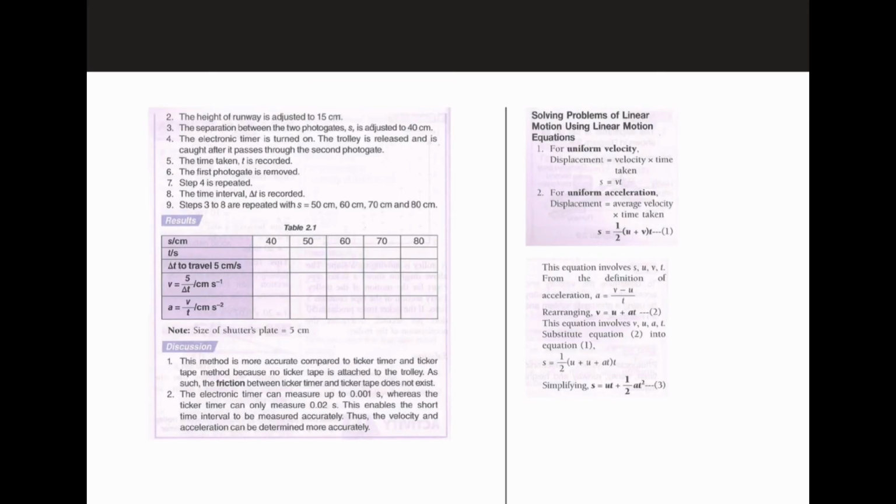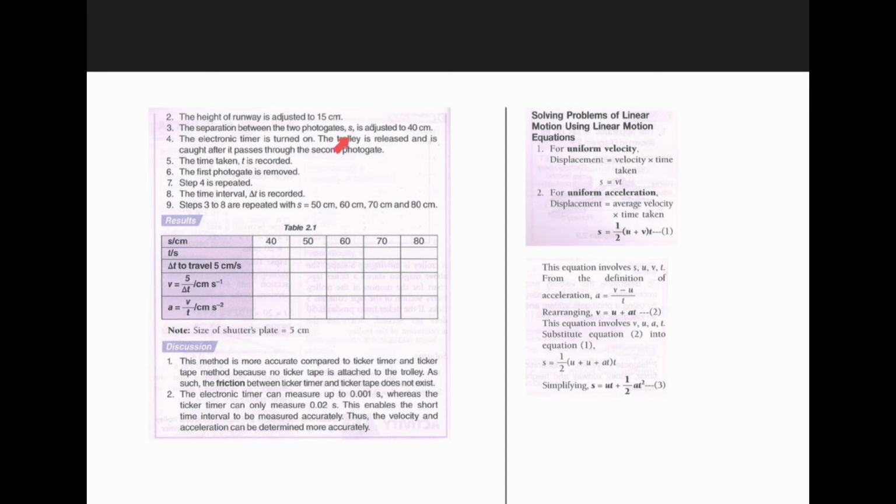Now let us continue. Number 2, the height of runway is adjusted to 15 cm. Okay, then the separation between the two photo gates S is adjusted to 40 cm. So remember, the separation between the two photo gate is basically the displacement of the trolley.